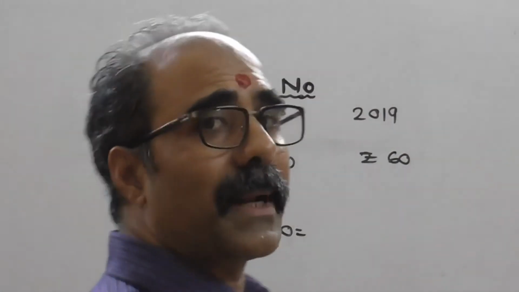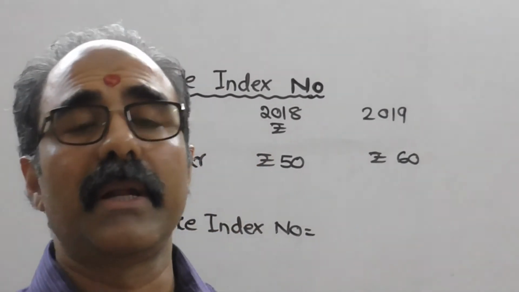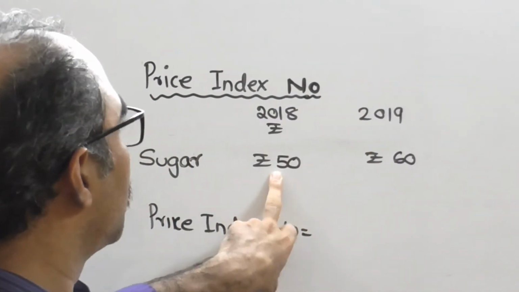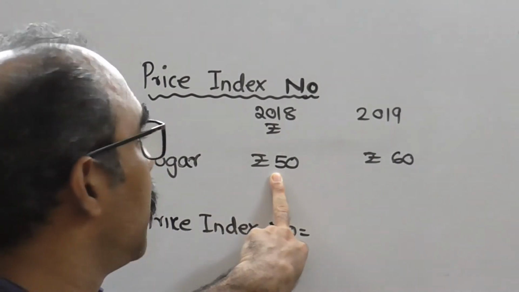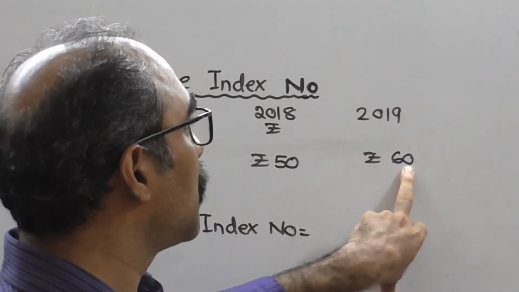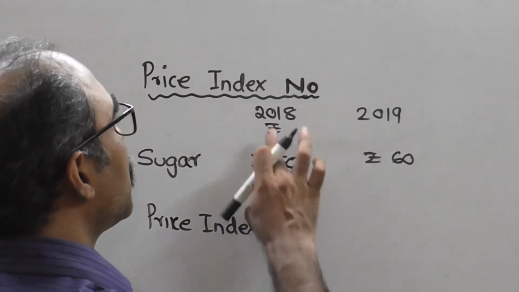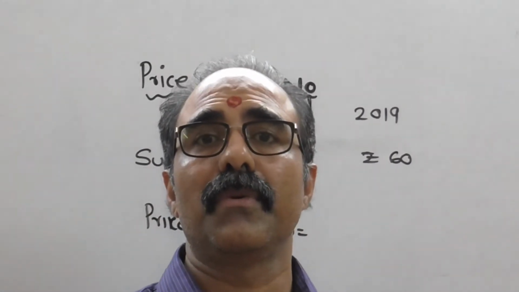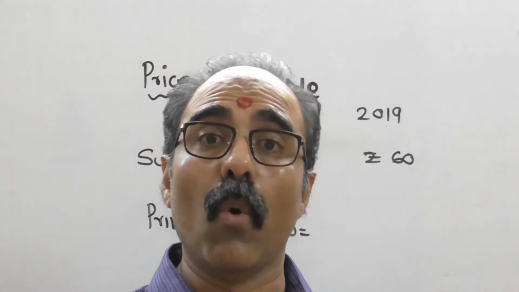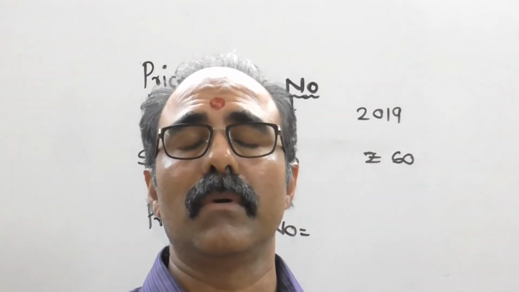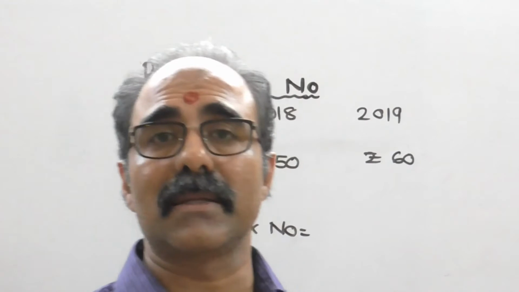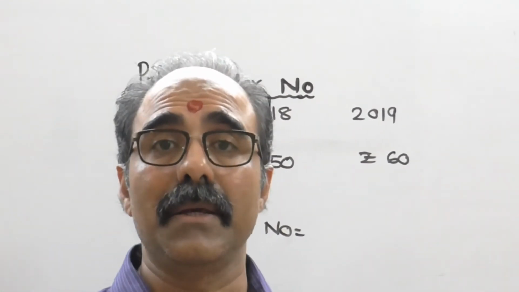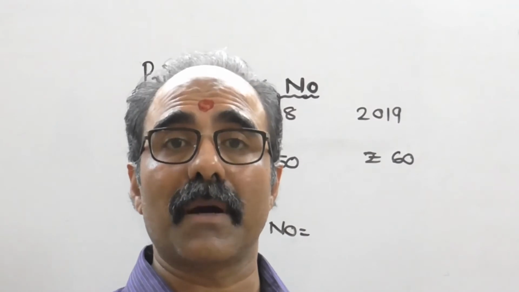Let's understand what is price index number. Price index number will take only the prices of commodities into account. Take an example. Suppose the price of sugar in 2018 is 50 and the price in 2019 is rupees 60. Now price index number will help you to find out what is the overall percentage increase in the price of commodities.